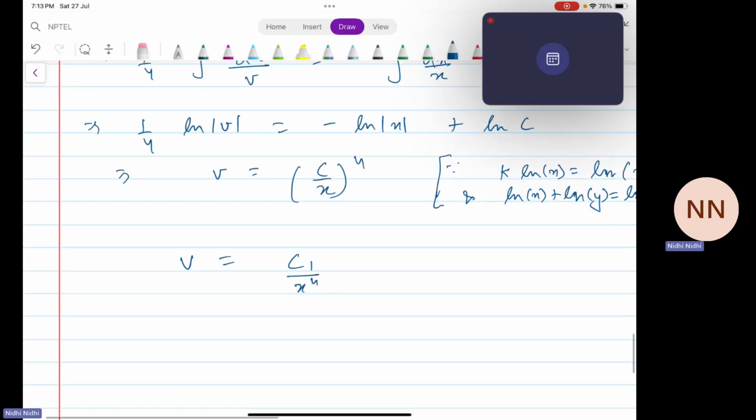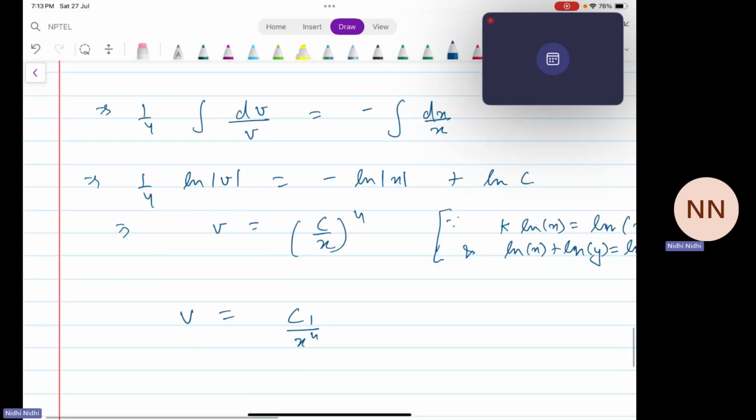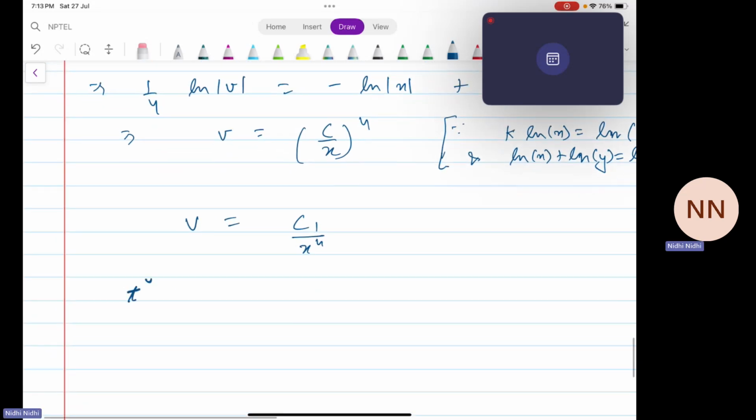Now replacing the value of v, what was v? v was t power 4 plus 6t square plus 1. This gives us t power 4 plus 6t square plus 1 is equal to c1 by x power 4.